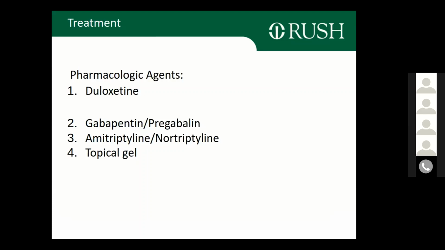Amitriptyline and nortriptyline are called tricyclics, kind of old antidepressants, but really good drugs in modulating pain. In neurology, we use them a lot for neuropathies as well as headaches, so this can be a good agent to use. The side effect profile can be pretty bothersome, which is the sedation.